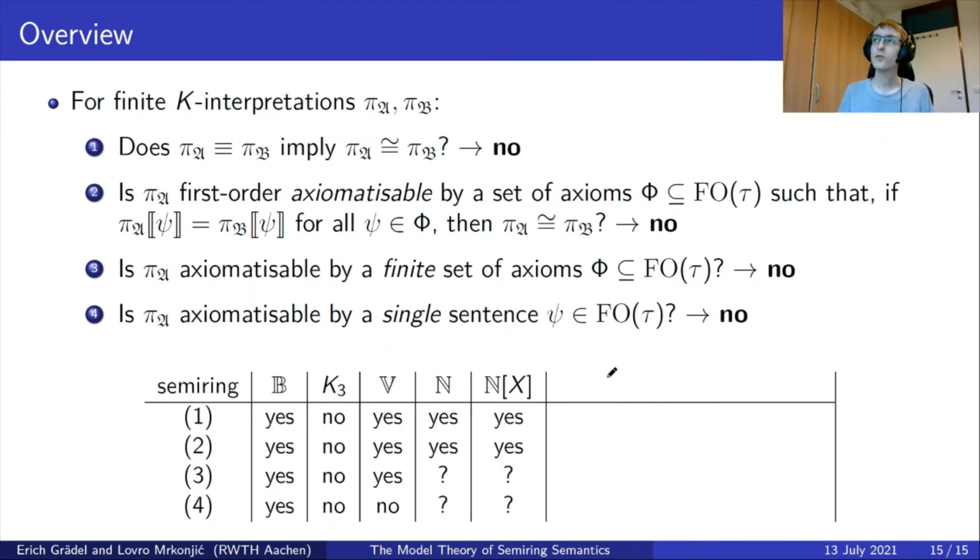What we've also tried to do is find counterexamples on the polynomial semiring, but we have found that this is impossible, that we could actually axiomatize nx interpretations up to isomorphism, at least finite nx interpretations. We do not know whether there is a finite axiomatization or not, so this is still open.